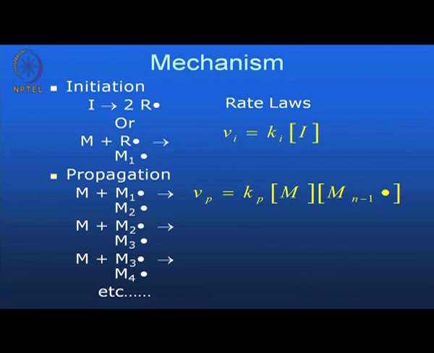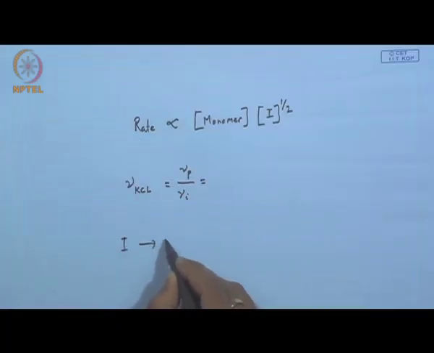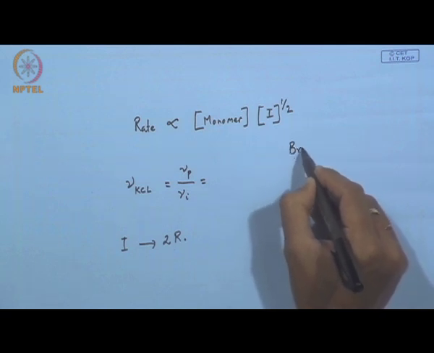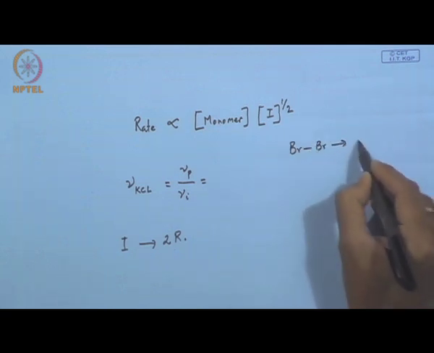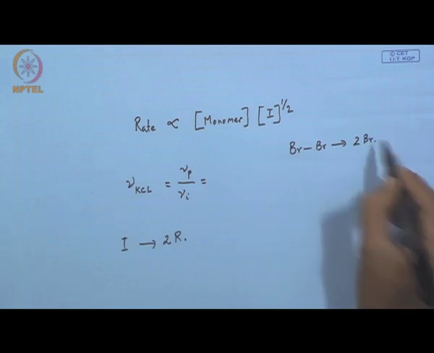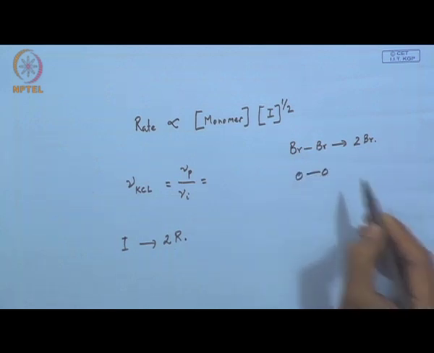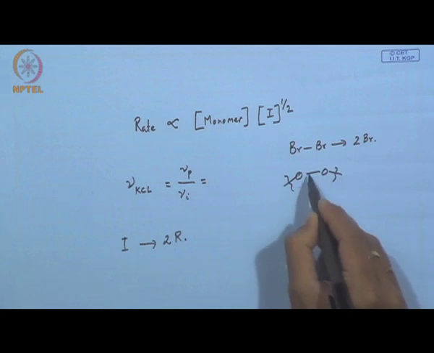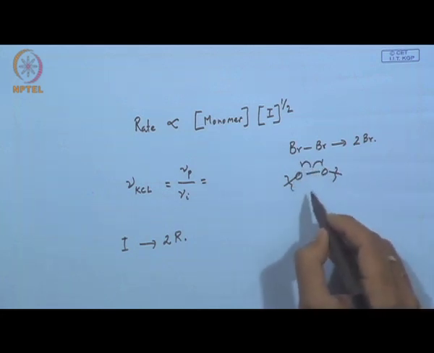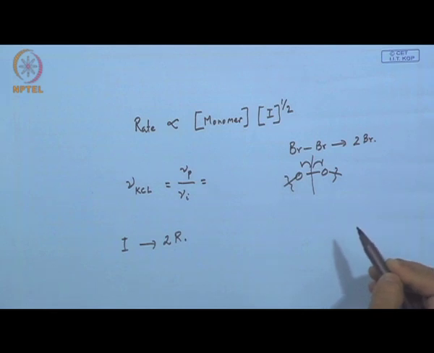Initiator I produces 2 R radicals, because generally, like Br, if you initiate, it will generate 2 Br radicals, or maybe a peroxide, where if you do a homolytic cleavage, you will generate 2 radical centers.